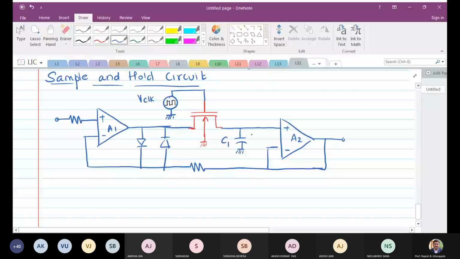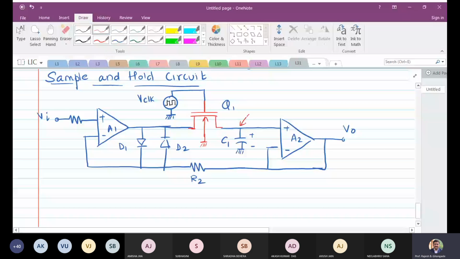What is this Q1? Basically, do you see that there is a lot of similarity between the peak detector and this circuit? Yes, it's just a modified version of the peak detector, that's all.